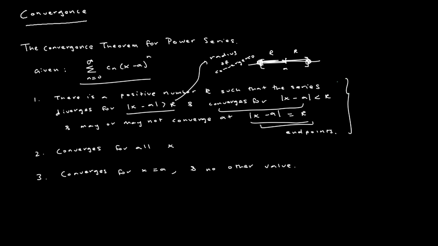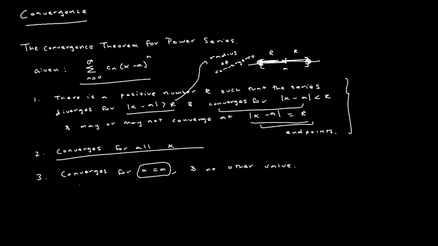And then don't worry if it's abstract right now. Practice will make it much more simple. The second case is a pretty simple case where for all values of x, our power series converges. And then the last case is we only converge for this one value at a, and that's a value you always have to converge at, because when you have x equal to a, then all your terms in the power series are simply equal to 0 if we just look at the summation, and for no other value.